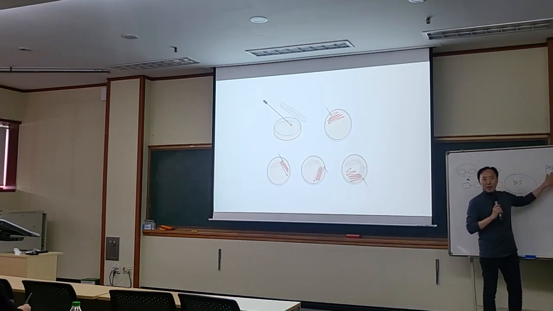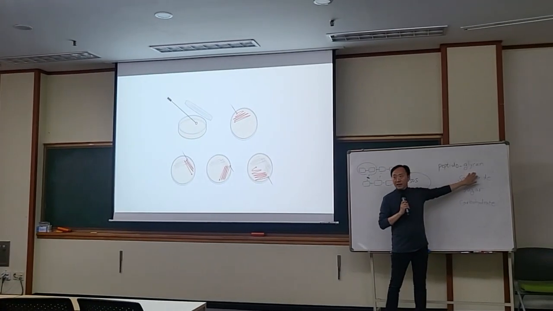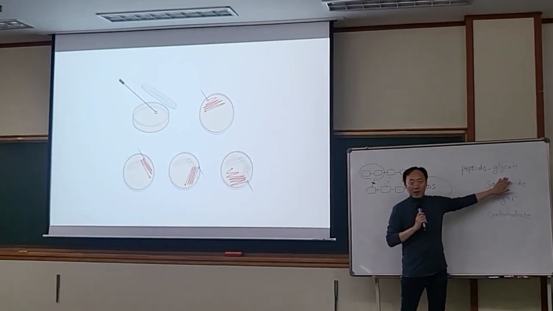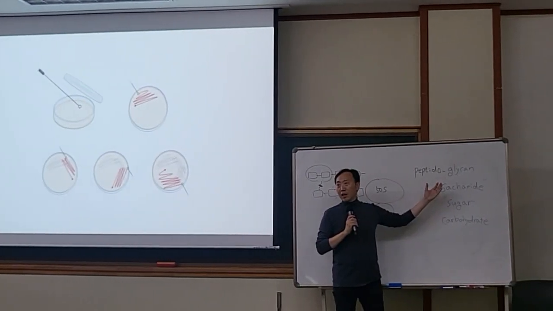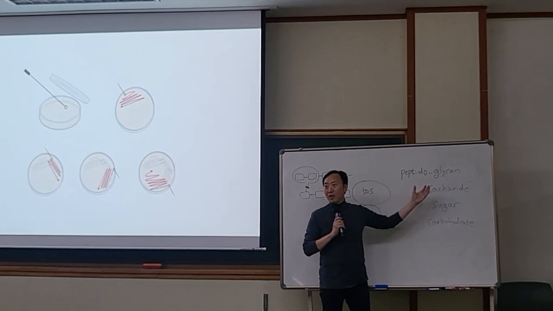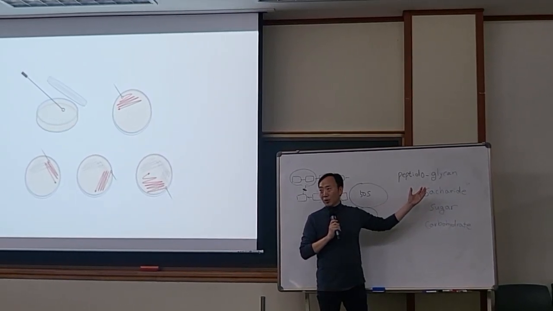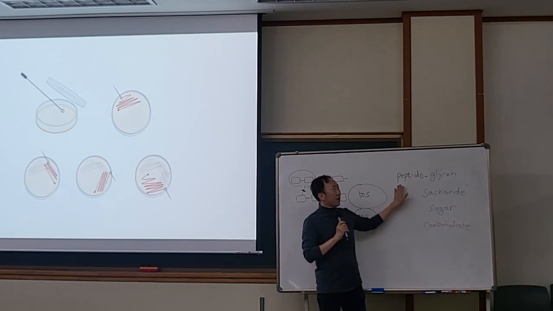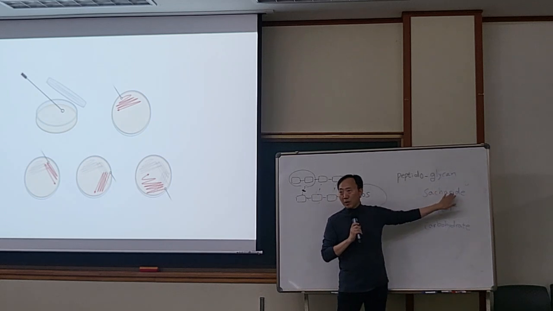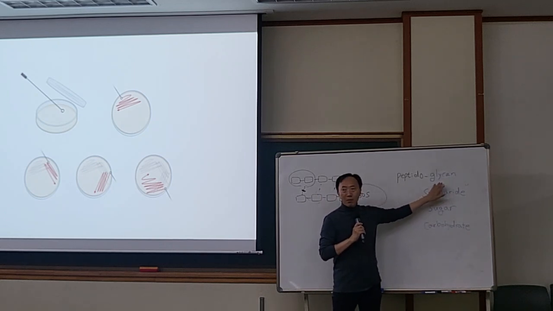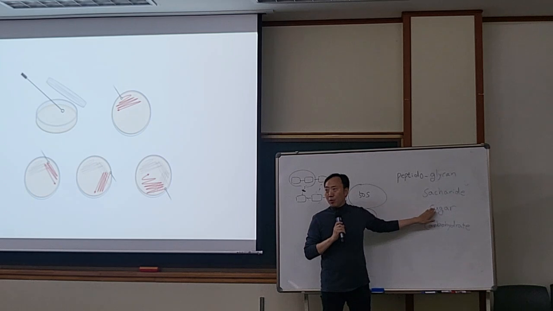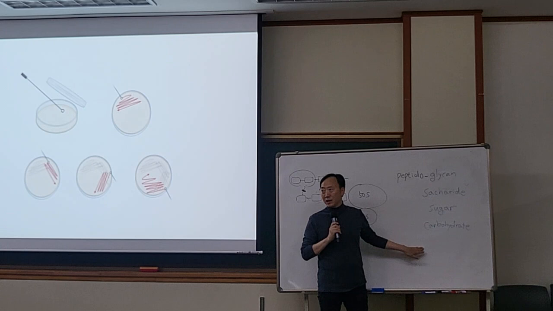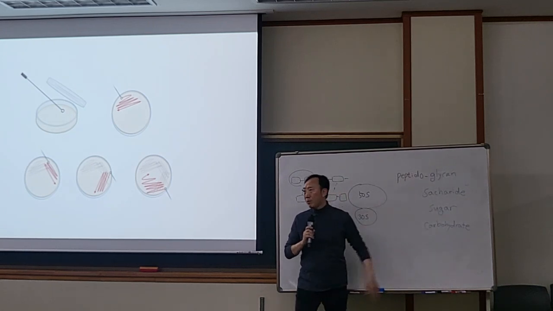Peptido means the protein portion, or a short protein peptide. Glycan is a carbohydrate motif. If you change this, you can say glycopeptide or glycoprotein. So how do you define it? Usually the bigger one comes last. This adjective form means peptido is a small part, glycan is a bigger part. Glycan can be called saccharide, and if it's a polymer, polysaccharide, and the basic structure is a sugar or carbohydrate. They have different names, but these are all carbohydrate structures.